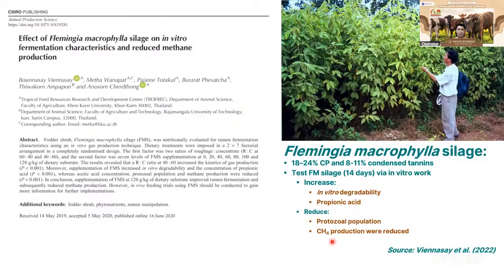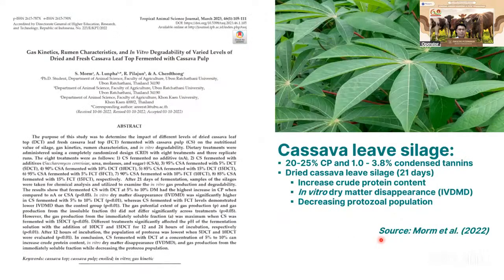In addition, methane production and protozoa can be reduced, as determined by in vitro experiment. This leaf from cassava, which we know contains quite high condensed tannin of almost 4% and high crude protein, when fermented for 20 days, had enhanced crude protein content and increased dry matter digestibility.